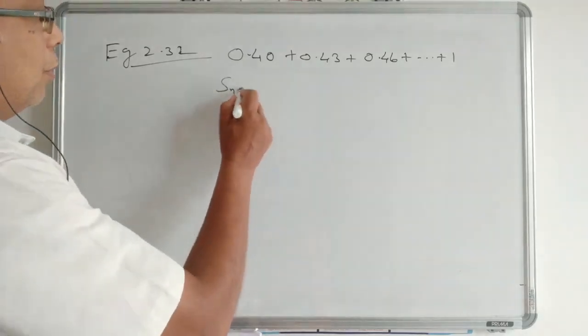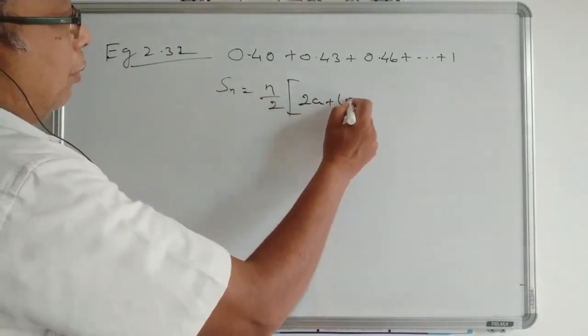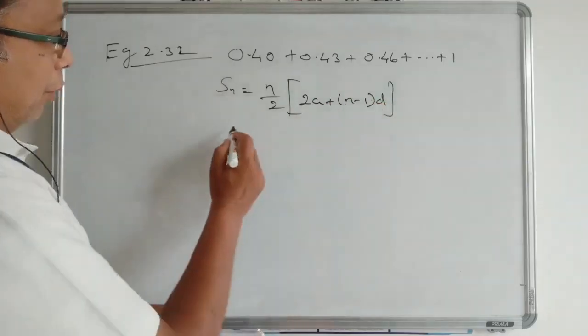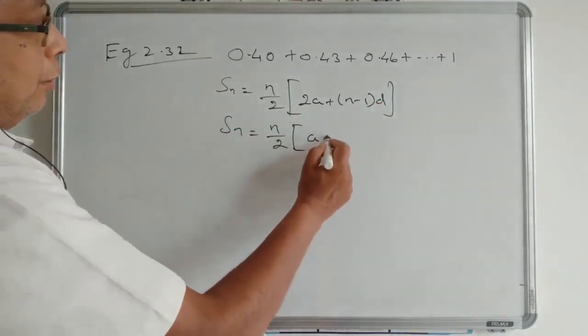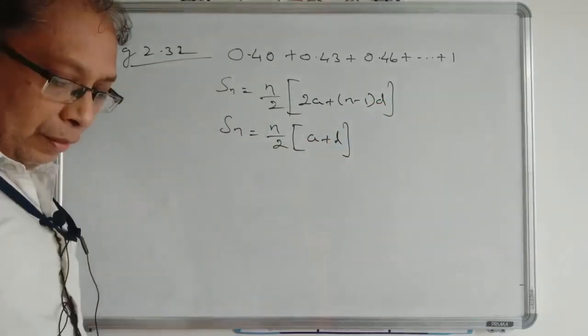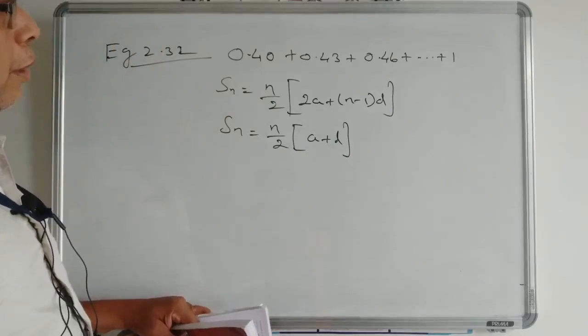The first way is using the first formula, Sn equal to n by 2 into 2a plus n minus 1 into d. The second formula is Sn equal to n by 2 into a plus l. Which one is suitable?